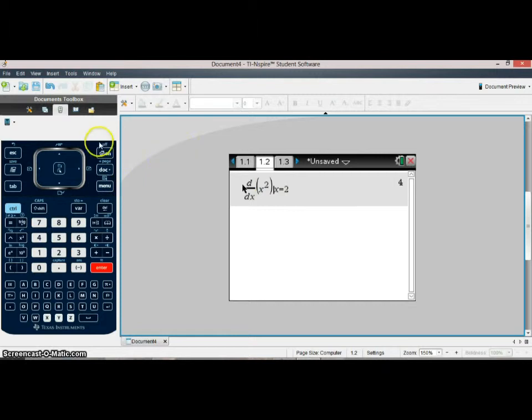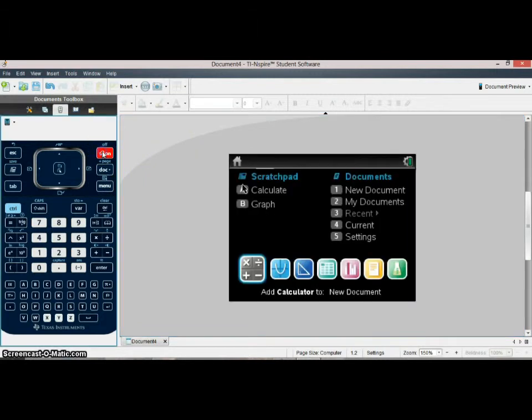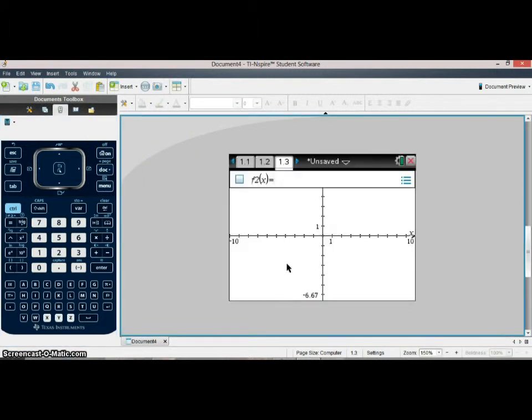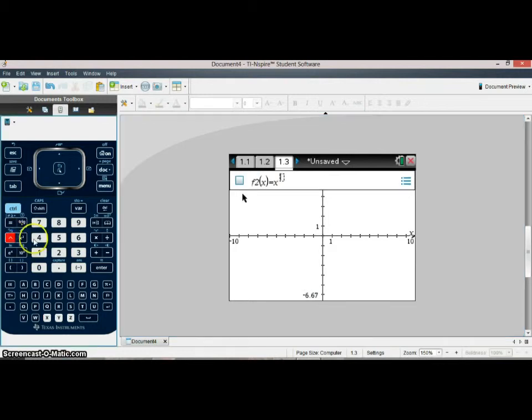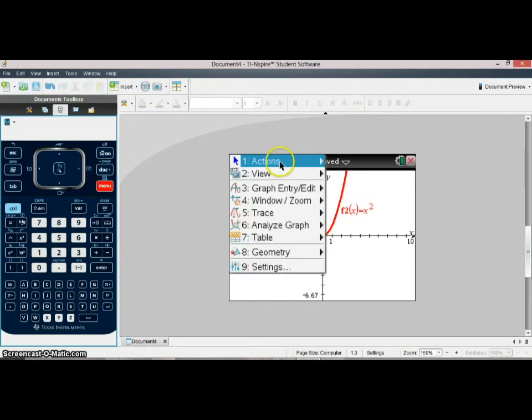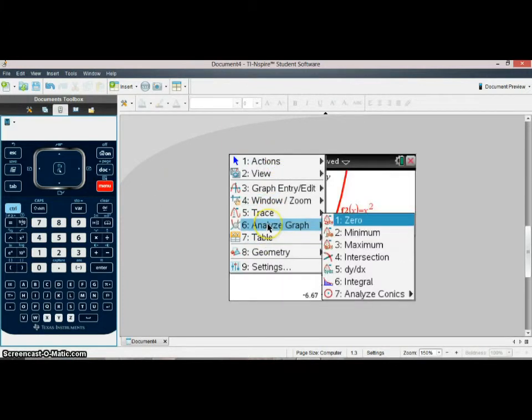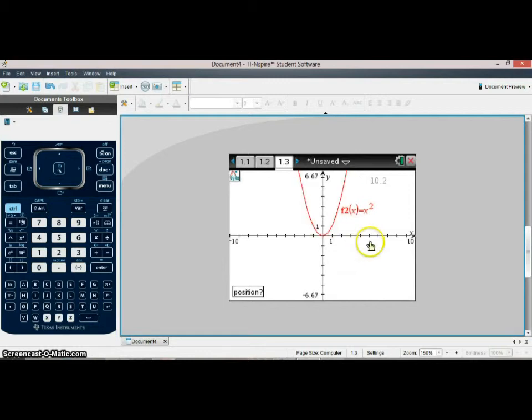So another way you could look at it, and it's pretty cool on the Inspire, you can go from a graphical point of view. So if we plug in the function x squared in our y equals, you get that beautiful parabola, and you're going to say Actions, or no, Analyze, sorry. You know, dy/dx.